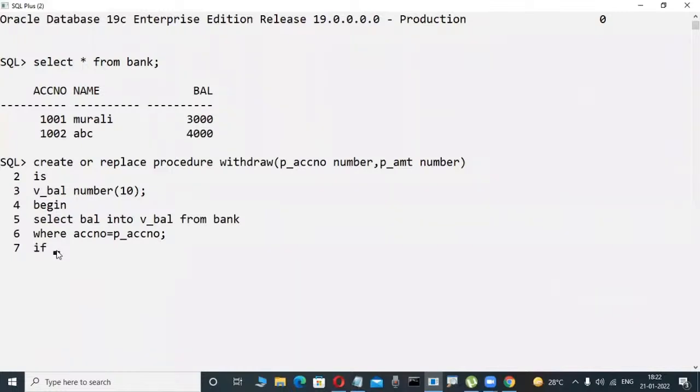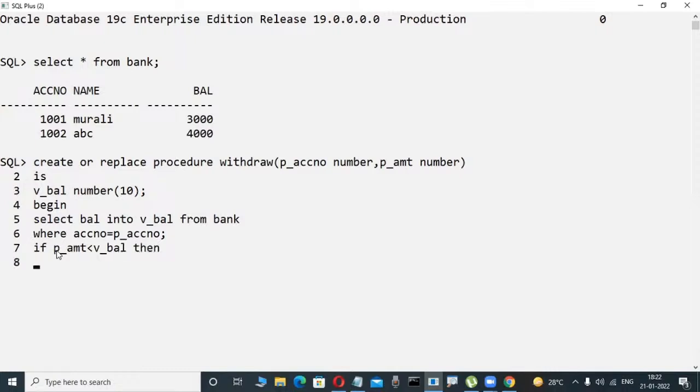Whenever I insert an ATM card and try to withdraw 9,000, as in the previous case, that is the amount. Observe logically, not the coding: the amount must be less than the available balance.